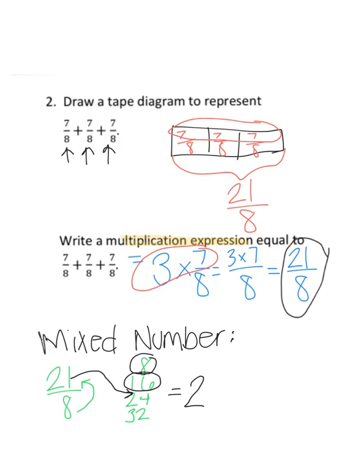To figure out how many fractions I have left, I'm going to do 21 minus 16, which gives me 5. So I have 2 wholes and 5/8 left. So 2 and 5/8 is equal to 21/8.